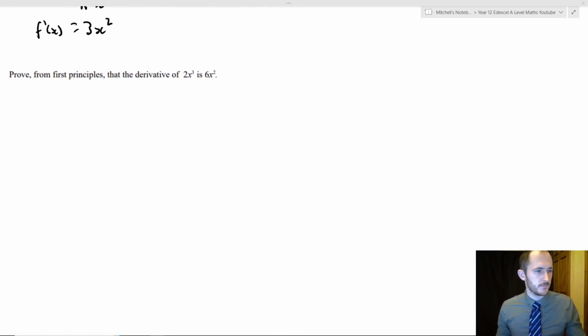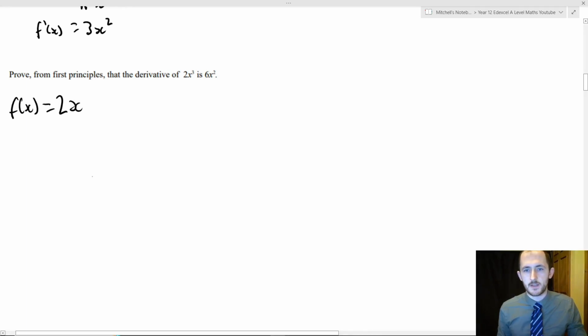So again, proof from first principles that the derivative of 2x cubed is 6x squared. So we have f of x equals 2x cubed.